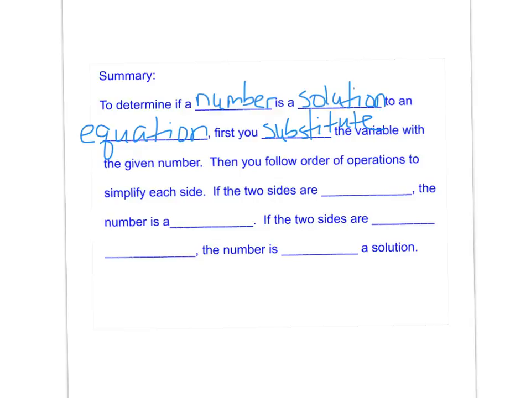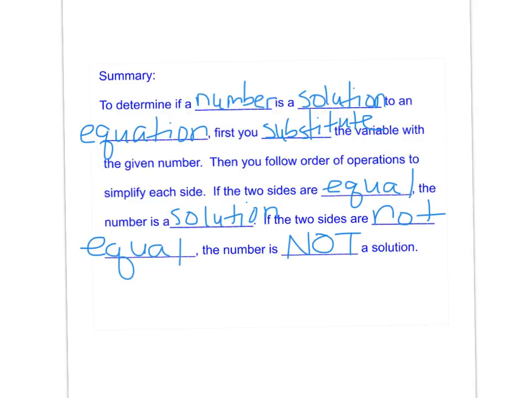Then you follow order of operations to simplify each side. If the two sides are equal, the number is a solution. If the two sides are not equal, the number is not a solution.